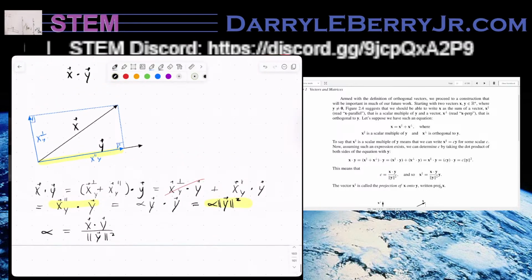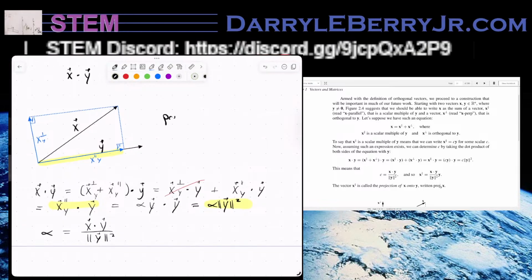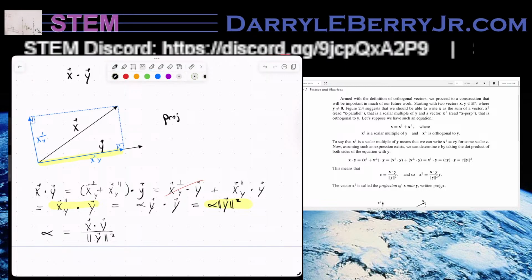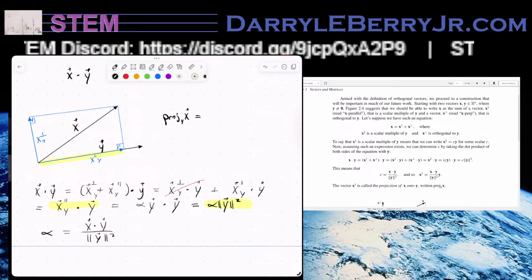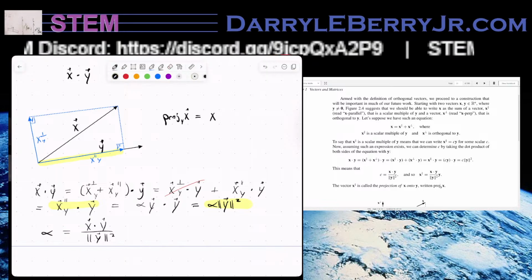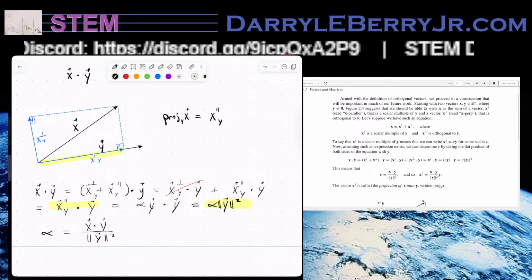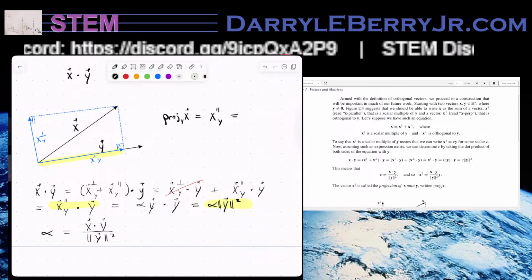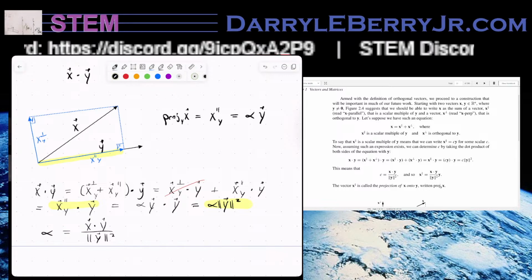So the other side would be the projection of x onto y equals x parallel to y. That equals some scalar times y.